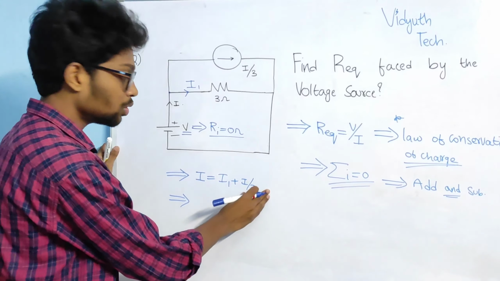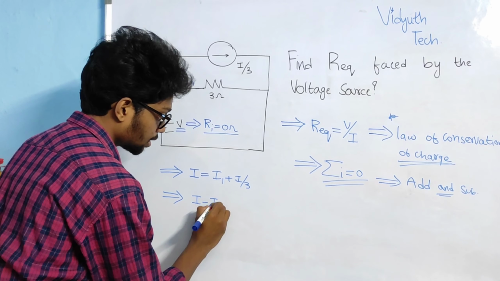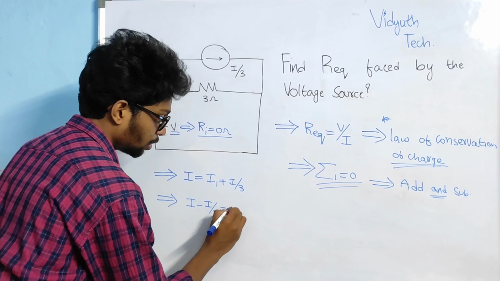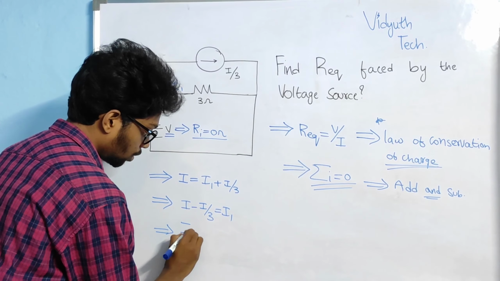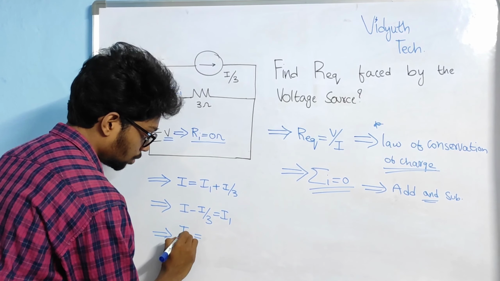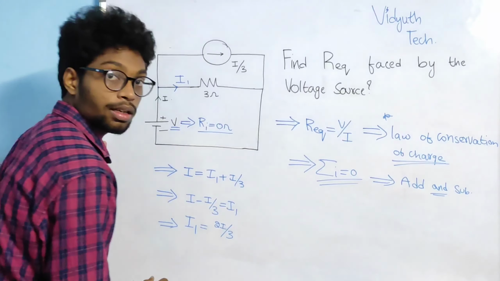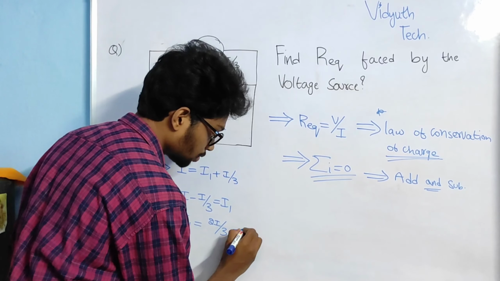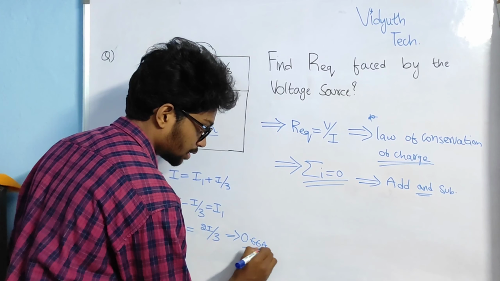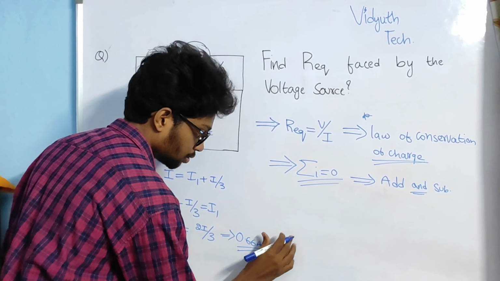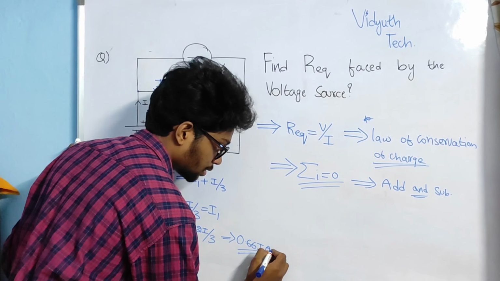I am taking this to the left hand side. I minus I by 3 is equal to I1. Therefore I1 is equal to 2I by 3. In decimal form, that is 0.66 I amperes.